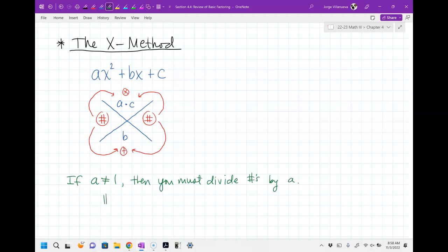In other words, you'll get the number that you picked divided by a for both of them.